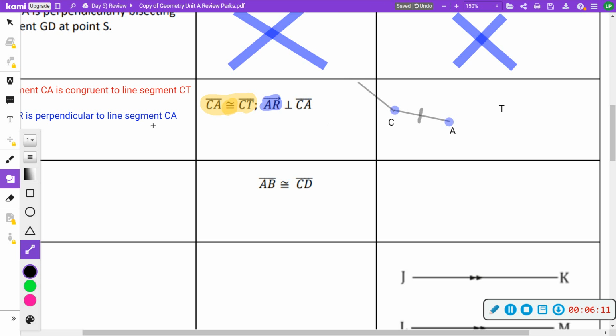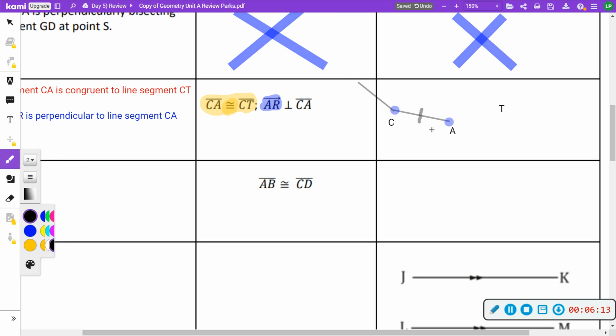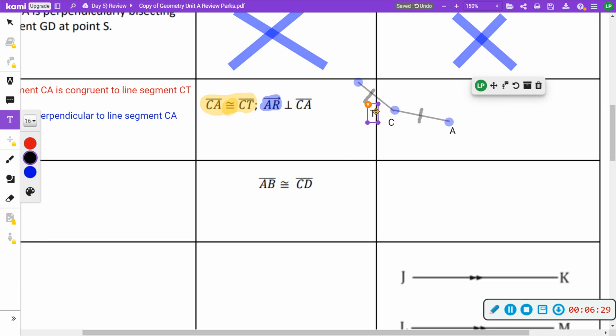So I'm just kind of guesstimating. So those are the same. We're going to make this T. And I guess I could just drag this T over. So CA is congruent to CT. So when you see that, when they both have a C, that means that they share that C together.